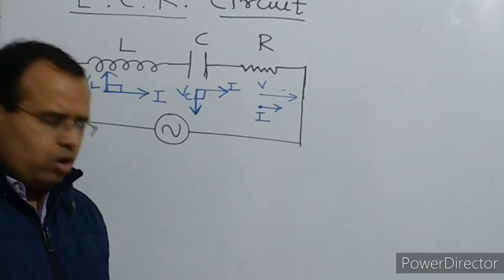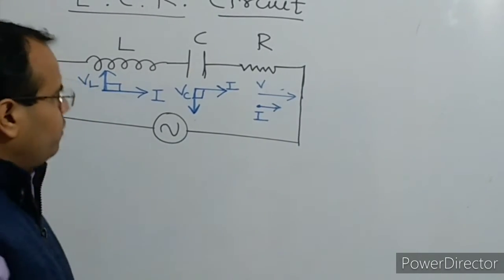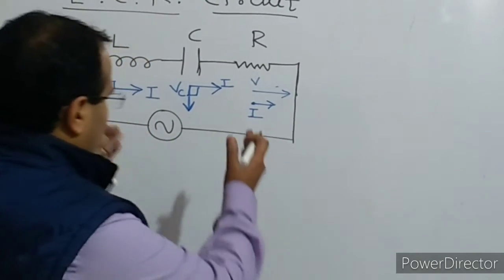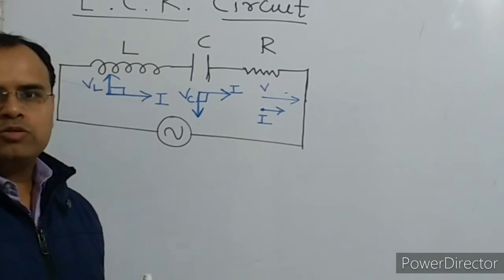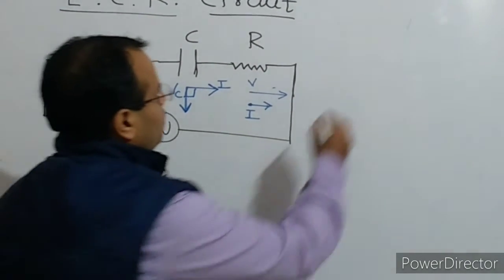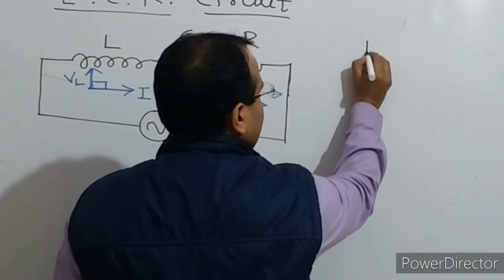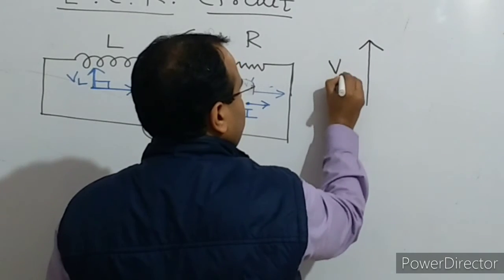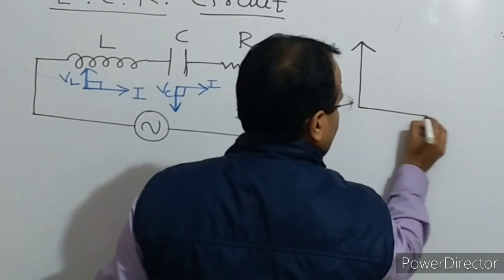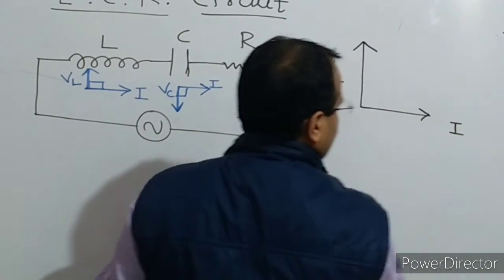Now we have to derive the expression for the impedance, and for that we are going to draw a phasor diagram, utilizing the concepts we learnt earlier. In the phasor diagram, VL is leading the current, which is somewhere here.